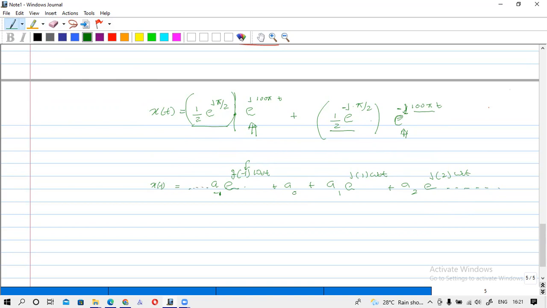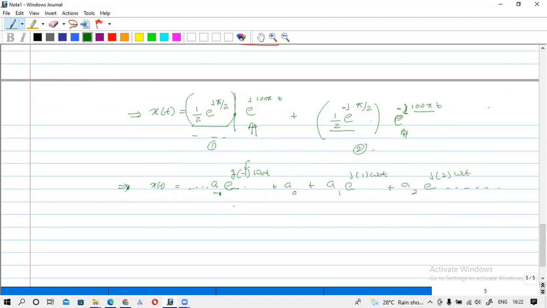Now if you compare this and this one, this is our default Fourier series representation, the generalized, common way. Now we have xt, and you can see that we have two terms here. This is the first term, and this is our second term.